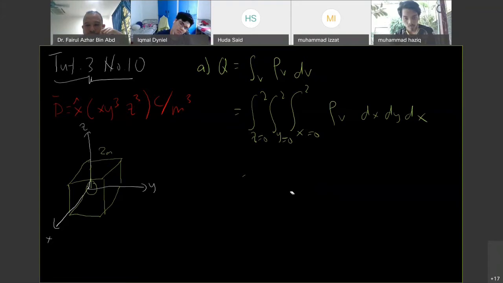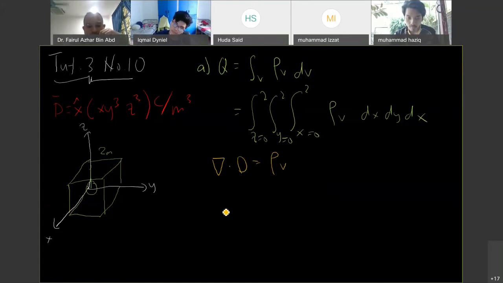Based on Gauss's law, we have the expression del dot D is equal to rho v. Because in this question they give it to us in terms of D, we need to find rho v first.